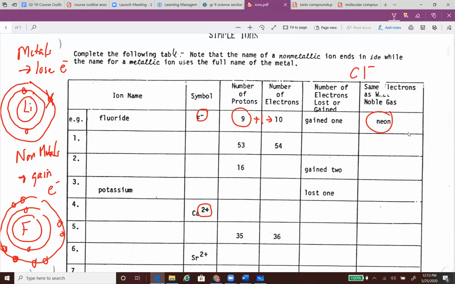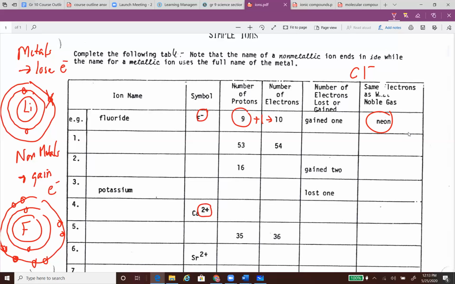All right, now, if I look at the next example, oh, sorry, I forgot to mention something about negative ions. The negative ions are a little bit trickier than the positive ones, and the reason for that is because you actually have to change their name. I should mention this is very, very important.